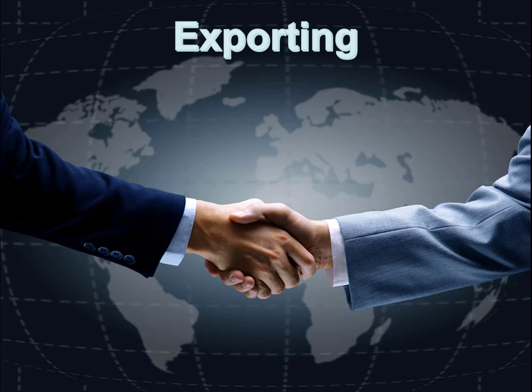However, exporting opens up several levels of involvement to the exporting organization and is therefore not a simple method to enter. At the most basic level, the exporting organization may sell its products to an export-import merchant, which is just a merchant wholesaler.